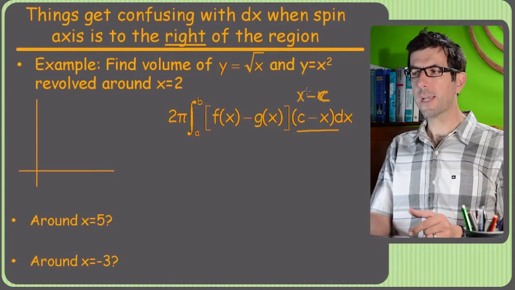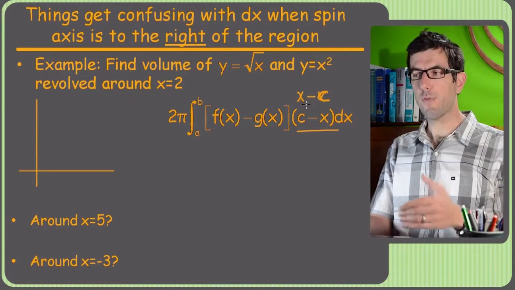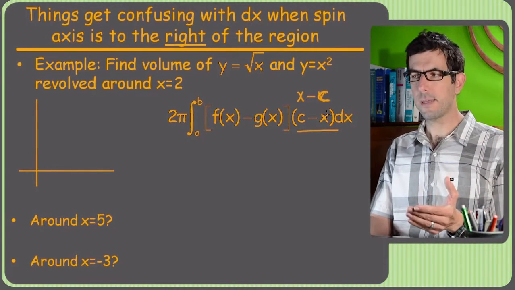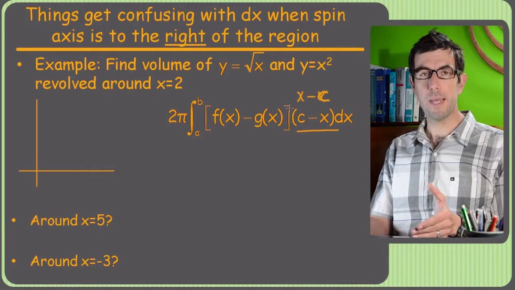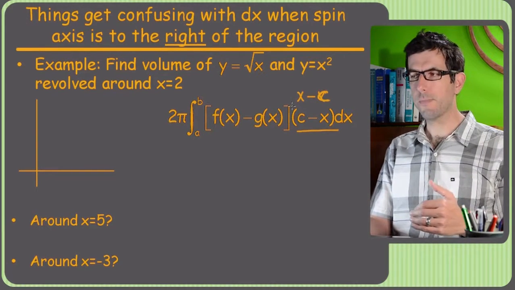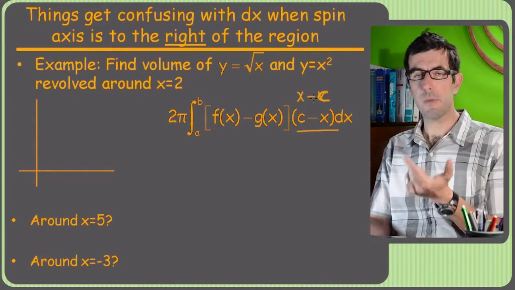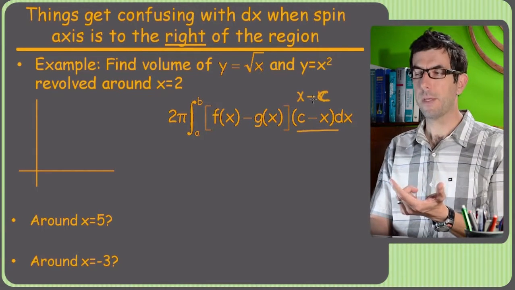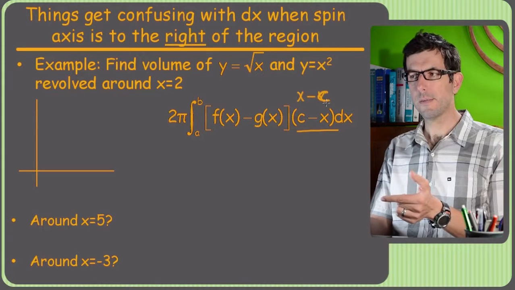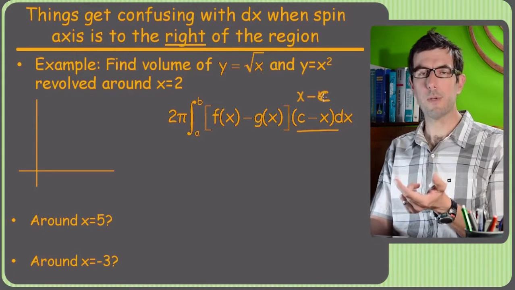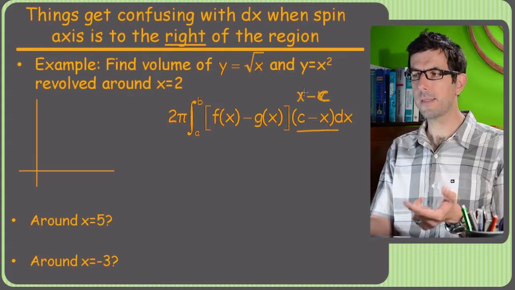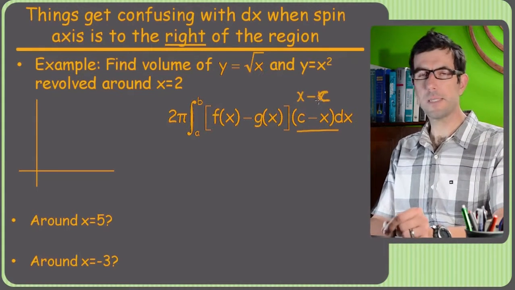So we always ended up with x plus a number, because we were augmenting or increasing the radius by a little bit when we move the spin axis to the left or below the region. When the spin axis goes the other side, these get switched, and something very similar happened with the washer method. Instead of having x minus the coordinate of the spin axis, it's backwards and you get the spin axis coordinate minus x. But basically the same story.